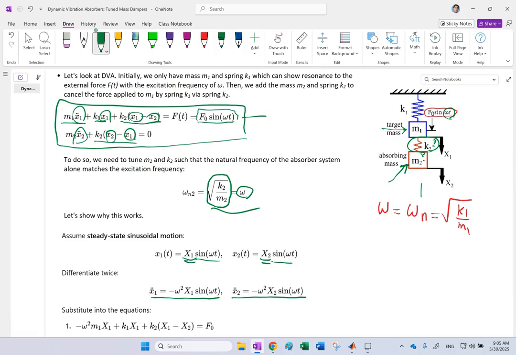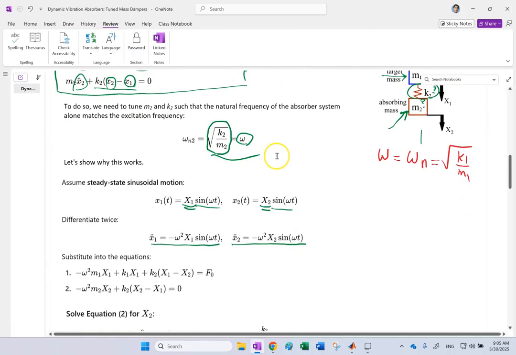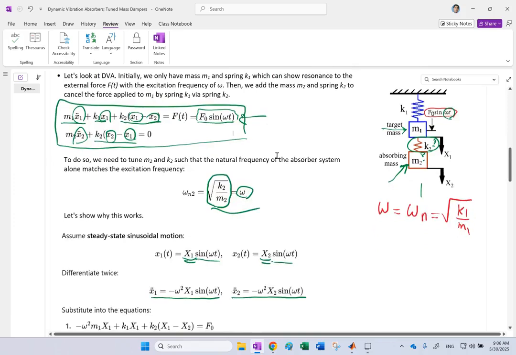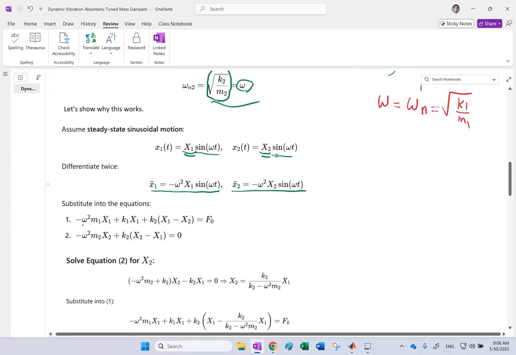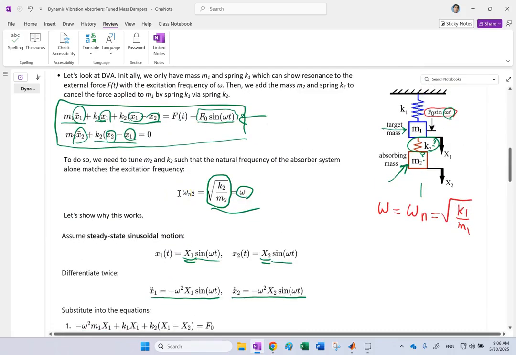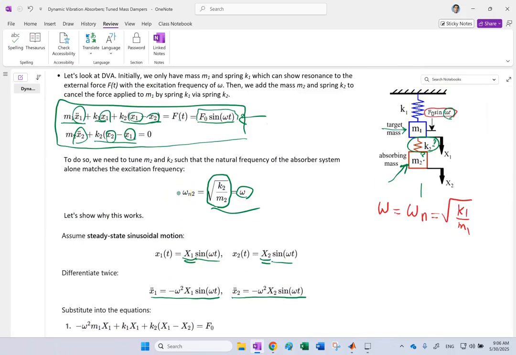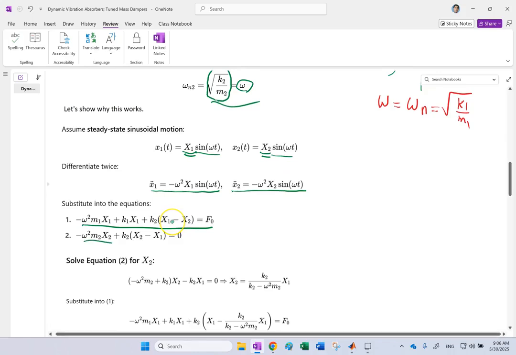Especially in the top one, if I plug in and set the sine omega t coefficients equal, I get this equation. And if I plug it in the bottom one and again set the coefficients of sine omega t on both sides equal, on the left side you have some coefficients, on the right side you have zero, so you get the second equation.